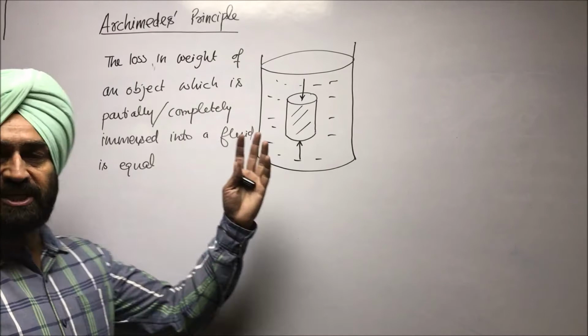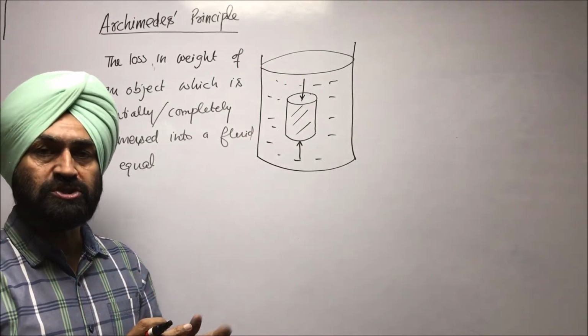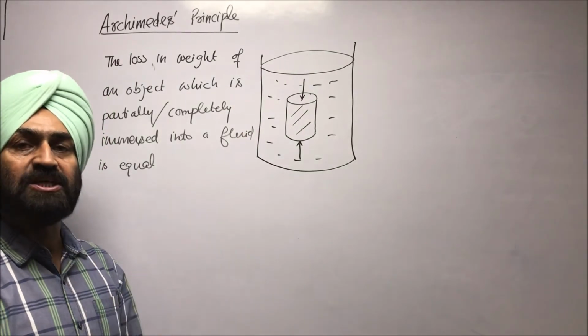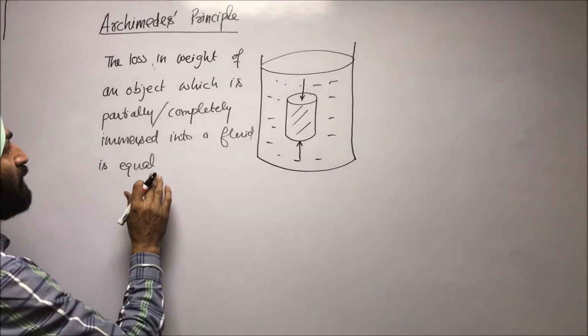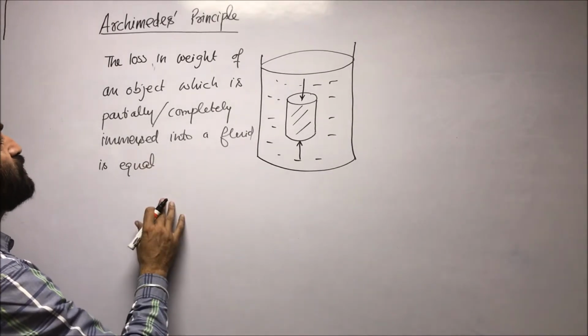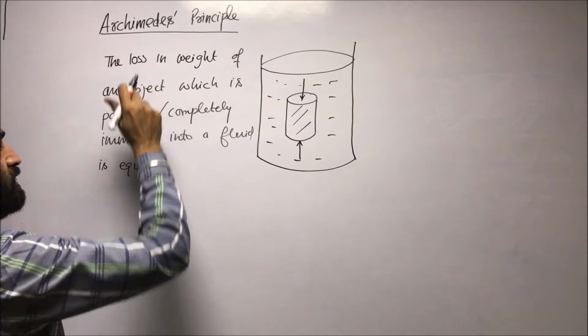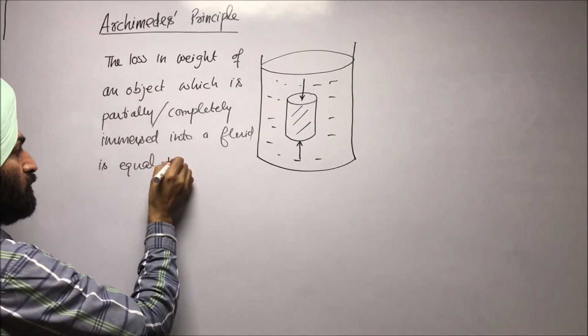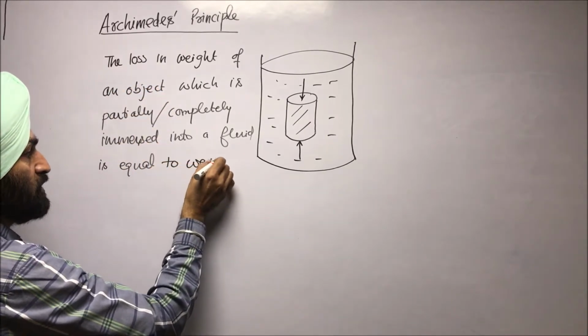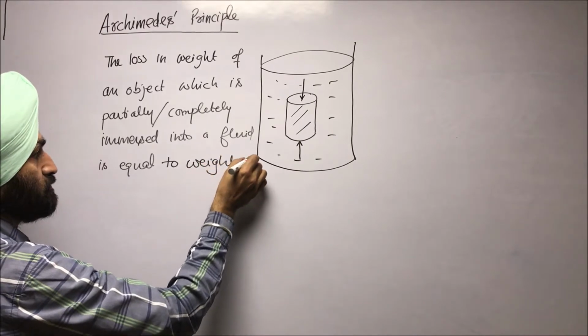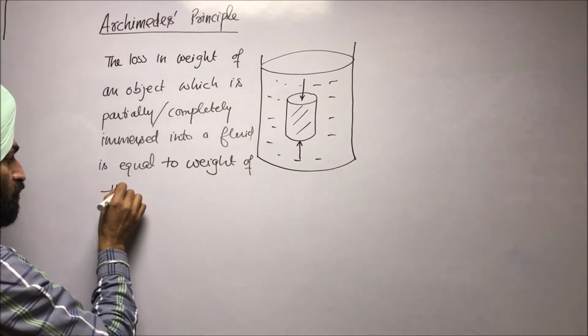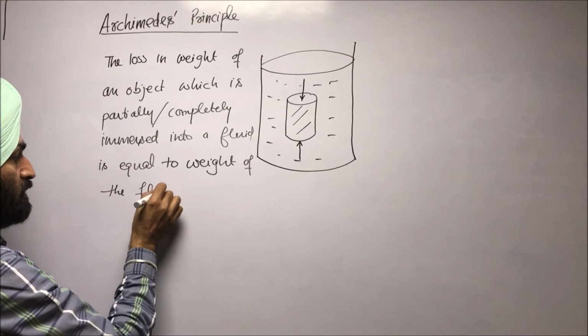So whenever something is put into water, it would feel lesser weight, and the amount by which the weight gets reduced, the loss in the weight, is equal to the weight of the fluid displaced.